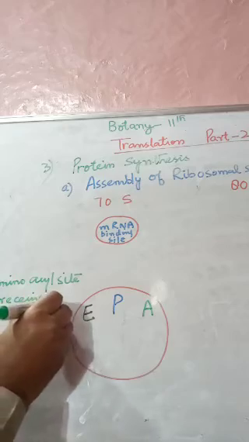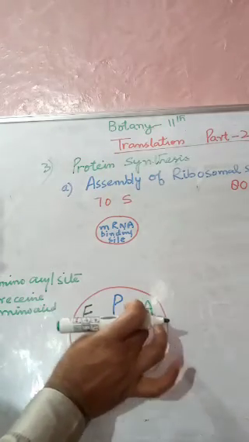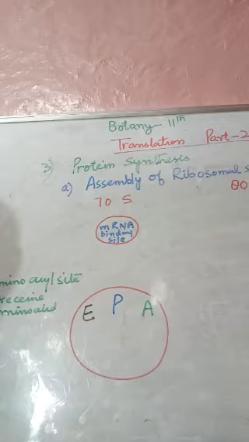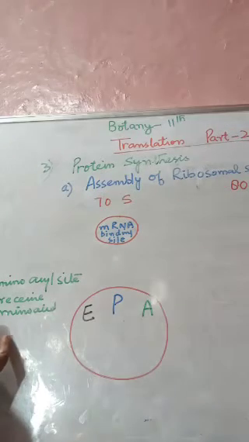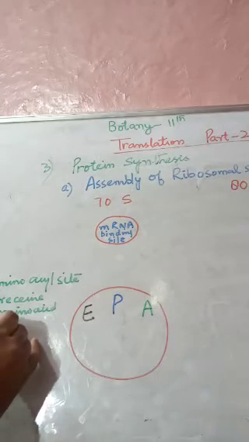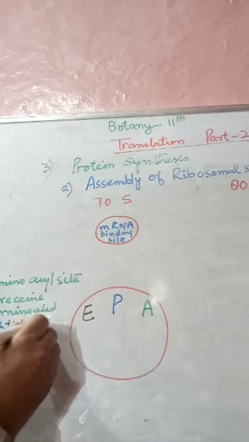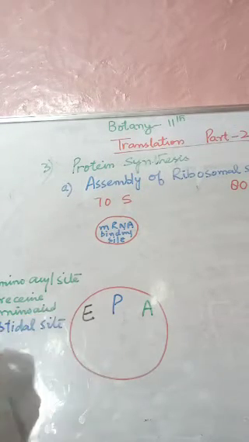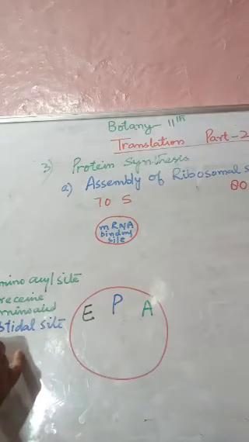So in this, the A site receives the amino acid. Now P is called the peptidyl site. Here peptide bond formation takes place.